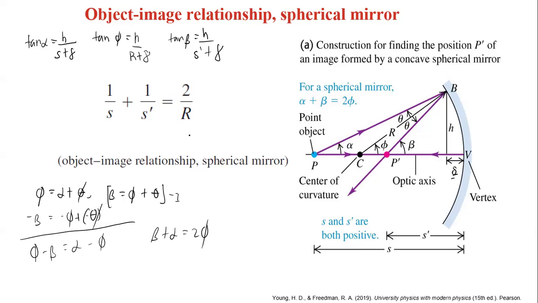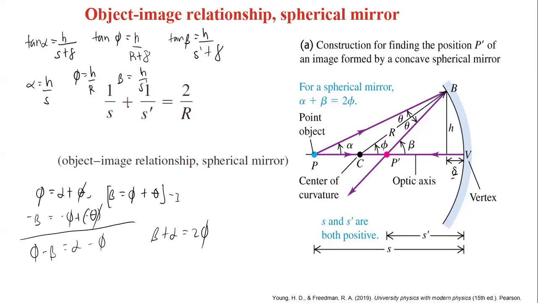For the paraxial approximation, or for small angles alpha, phi, and beta, the distances here are also small. So we can approximate that alpha is just equal to h over s, phi is equal to h over r, and beta is equal to h over s prime.